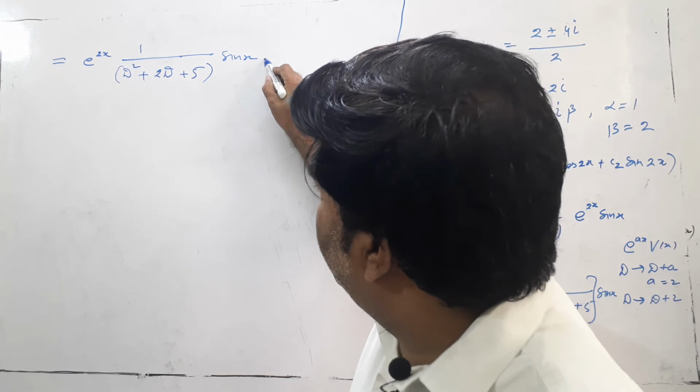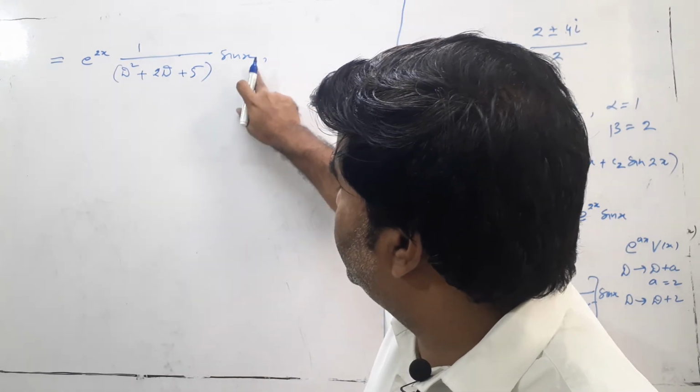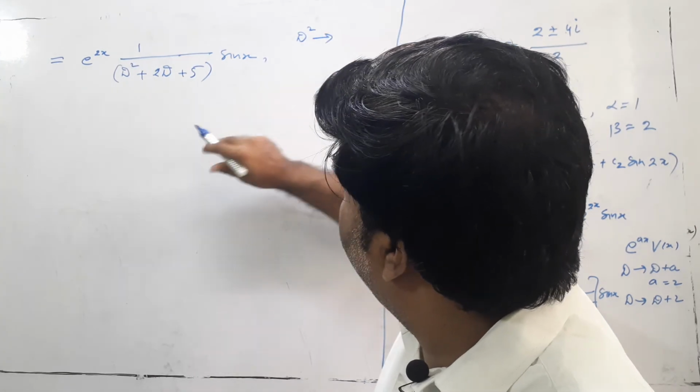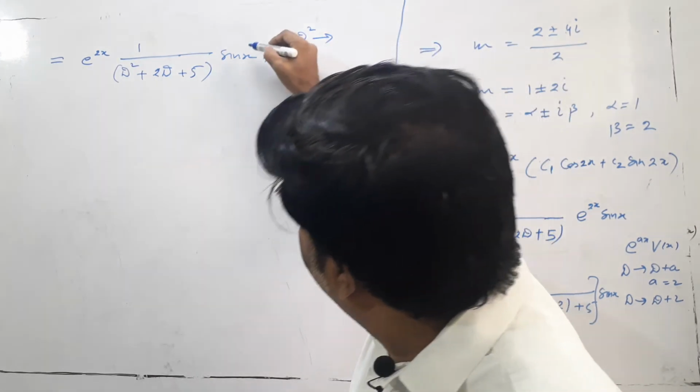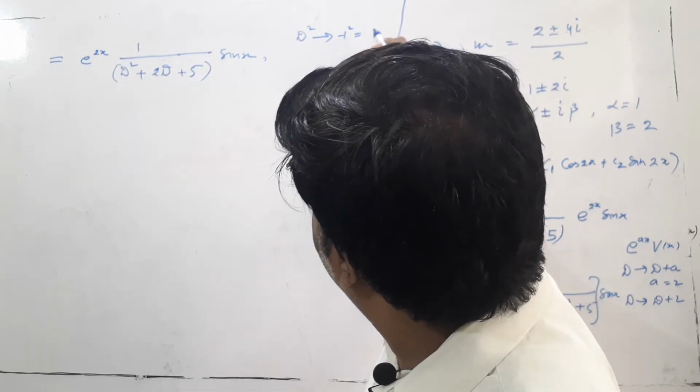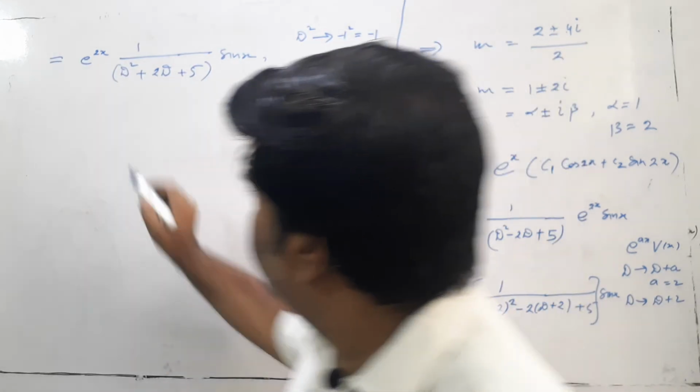So we know that when Q(x) is sin x or cos x, we just replace d square by the coefficient of x, which is minus 1 square, this is minus 1.